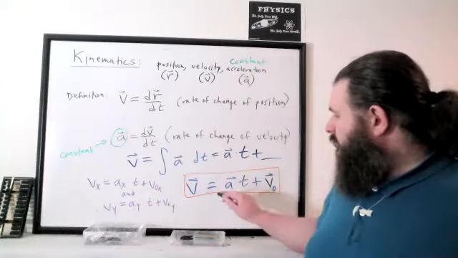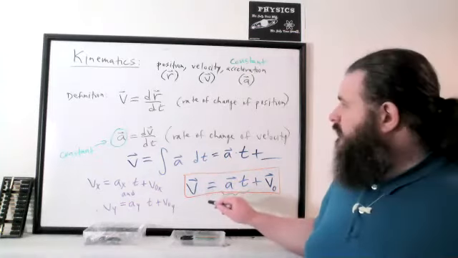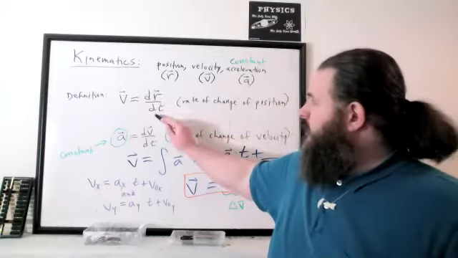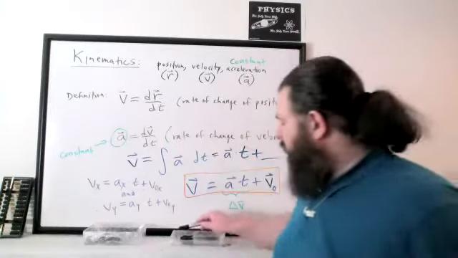So we have a formula for velocity at any time. Let's take this one step further, because we also know velocity is the derivative of position. So we can undo that derivative with another integral.